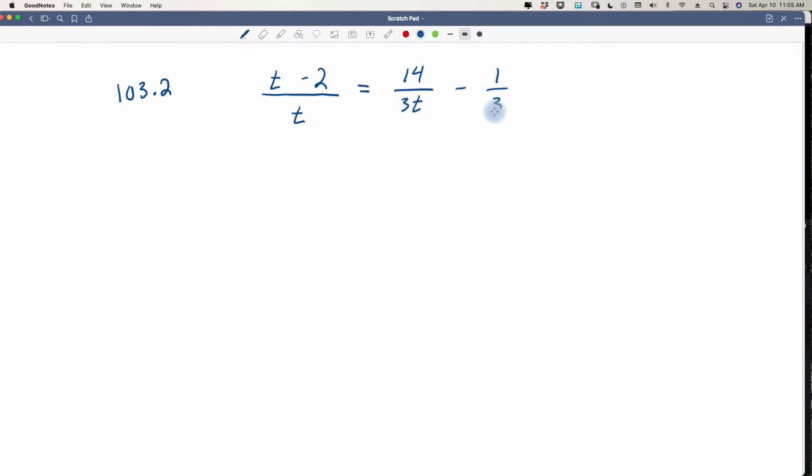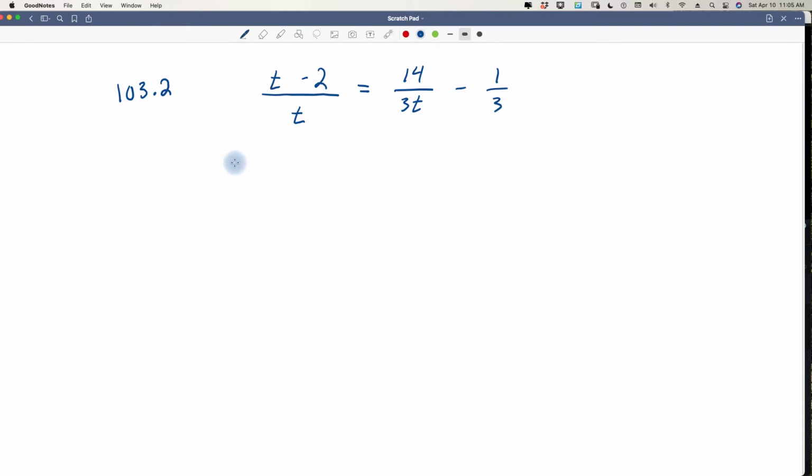All right, so in looking at this problem, we see that our common denominator, the least common multiple of these, is going to be 3t. All right, because we have a whole 3 and a t and a 3t. We know if we multiply 3 times t, we would get 3t anyway. 3t is our common denominator. So we're going to multiply the entire fraction in the entire expression or equation by 3t.